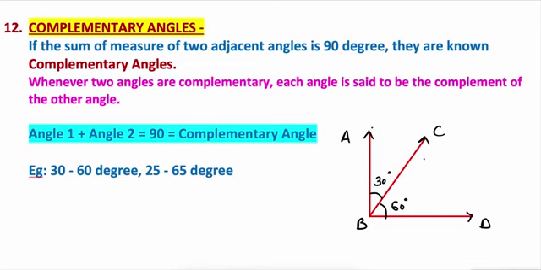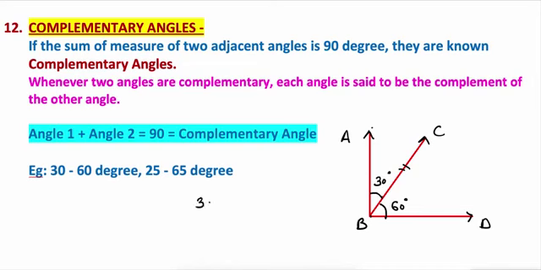Angle ABC is adjacent to angle CBD because they have a common arm BC and common vertex B, with the other two arms AB and BD on either side. So if the sum of the two adjacent angles is 90 degrees, they are complementary angles.